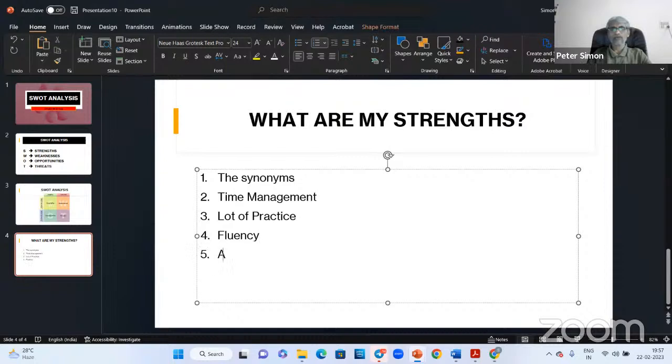Or you have accuracy. Or you have grammatical knowledge. Or you can say you can check and rectify your mistakes. You know that you are doing some mistakes, and you can check and rectify the mistakes.